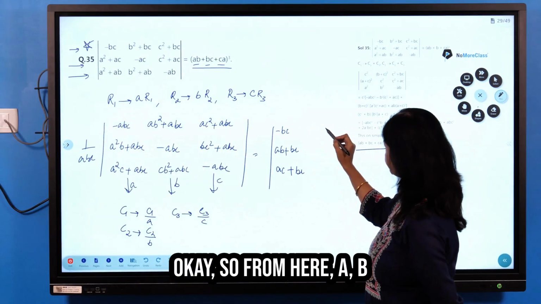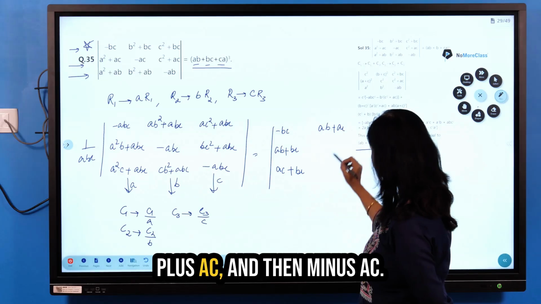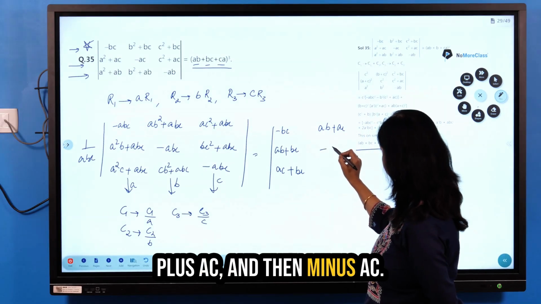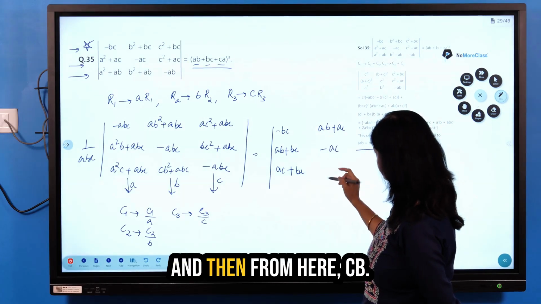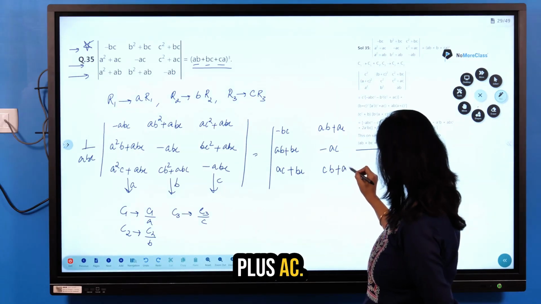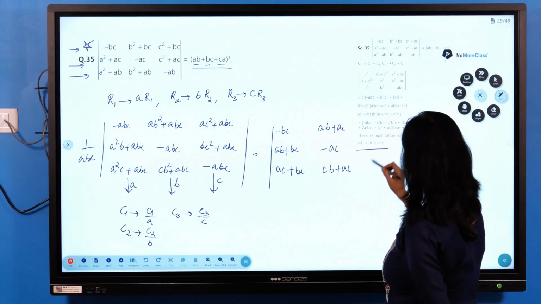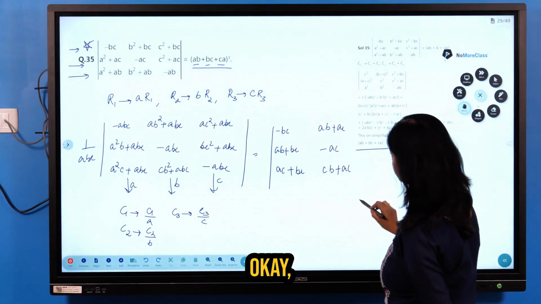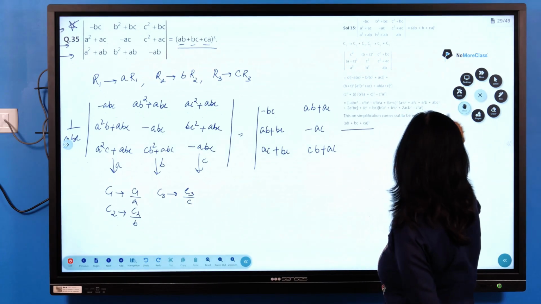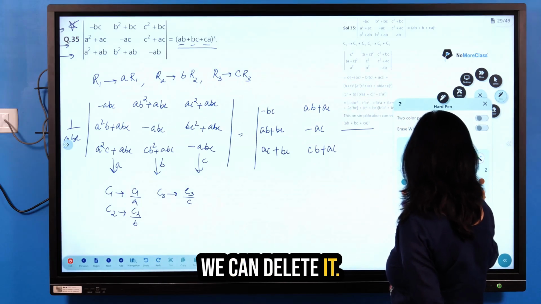So from here, AB plus AC, and then minus AC, and then from here, CB plus AC. I'm going to write on this later, we can delete.